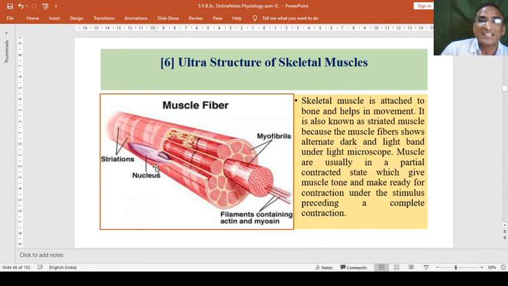These muscles are composed of myofibrils, and these myofibrils are composed of myofilaments, or microfilaments of the muscles. These are of two different types, that is actin and myosin. The general color of muscle fiber is either brownish or reddish.